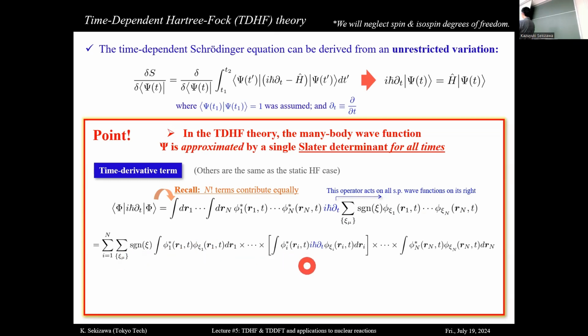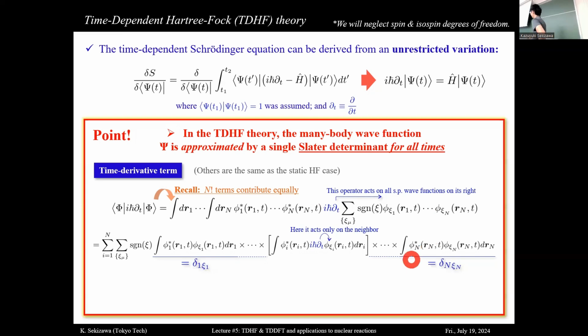Since this time derivative acts on every single particle wave function separately, we can write it in this way. So it is similar to the one-body operator. We have a time derivative that operates on the i-th coordinate, this phi, and then the summation over i. This is just the summation of all terms that operate the time derivative on each single particle wave function, exactly the same as a one-body operator.